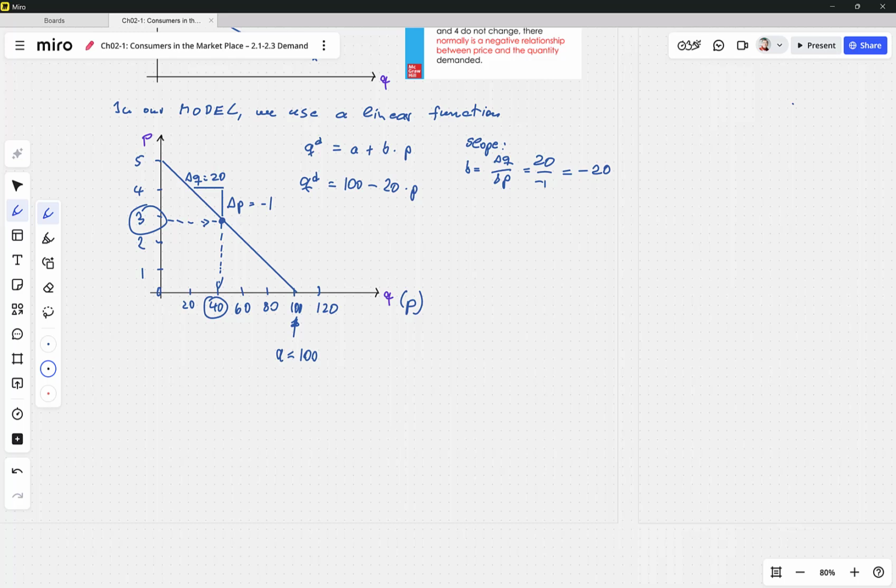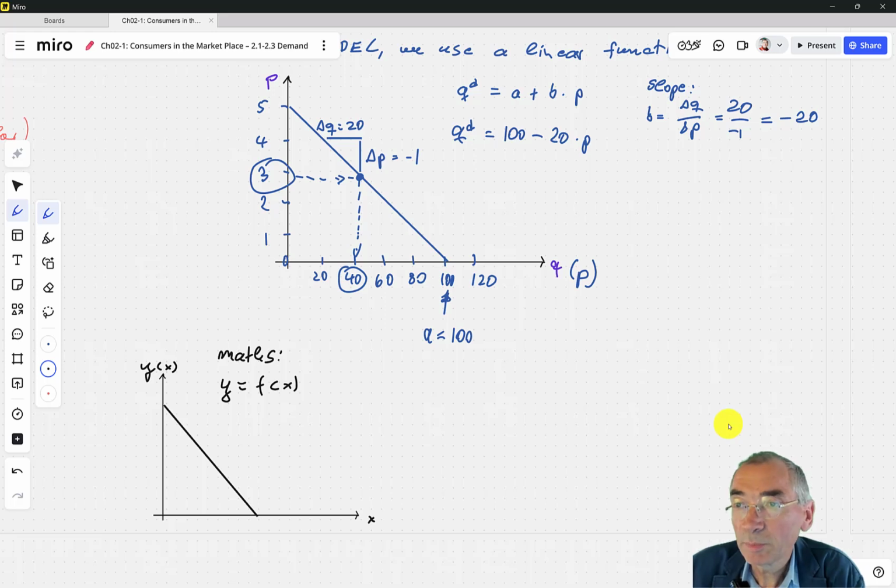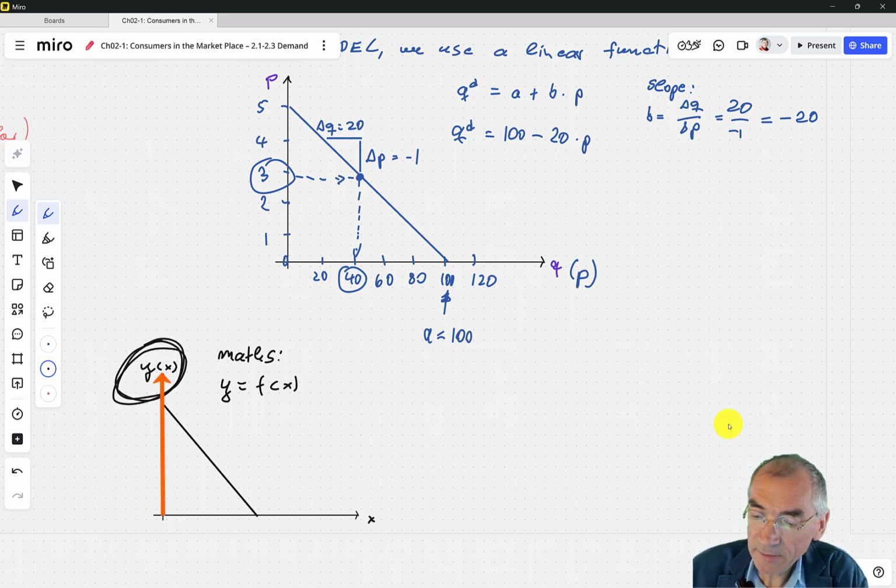But 2 excursus here. Number 1, if you recall your school math, then typically the axes were the other way around. They looked basically like this. You had y is a function of x. So that would be the situation in a math class. You see that the axes are the other way around.